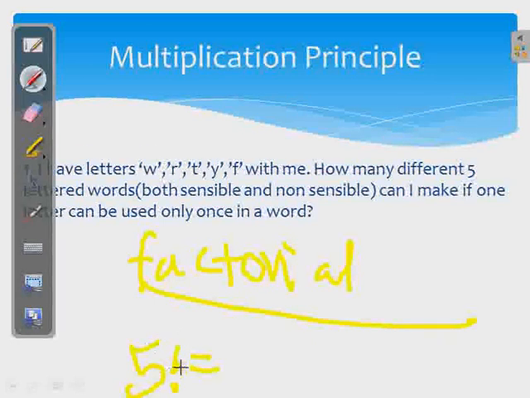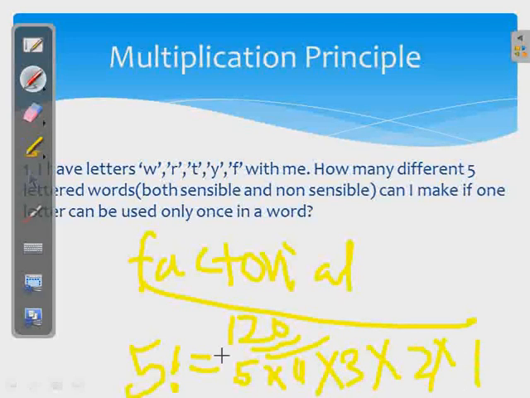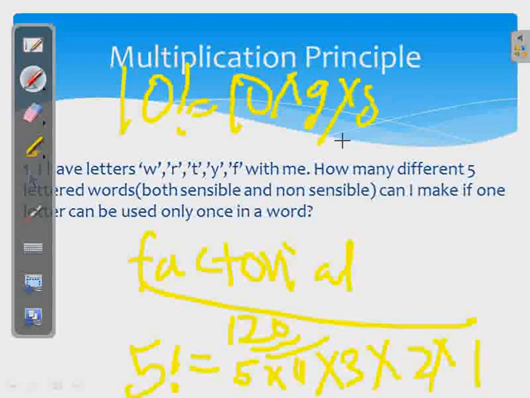And this 5 factorial, if we type in calculator, it will give 120. In Casio, if we type 5 factorial, it will give 120, because 5 factorial means 5 times 4 times 3 times 2 times 1. So if there is 10 factorial, it will multiply 10 times, 9 times, 8 times, up to 1.